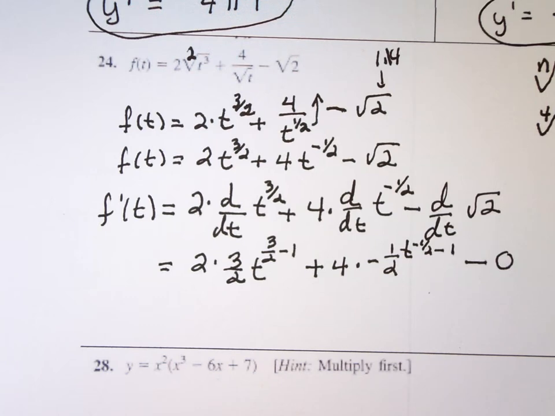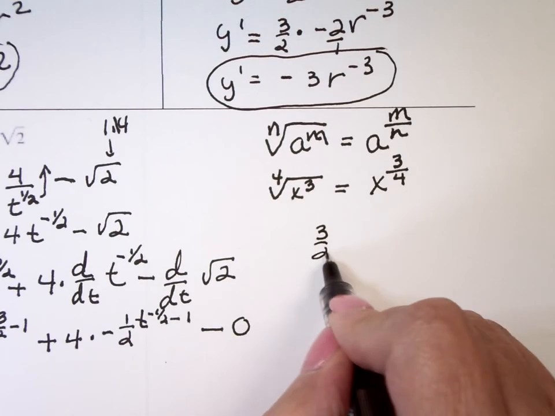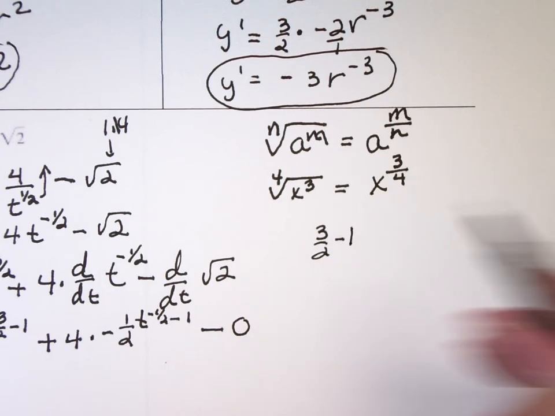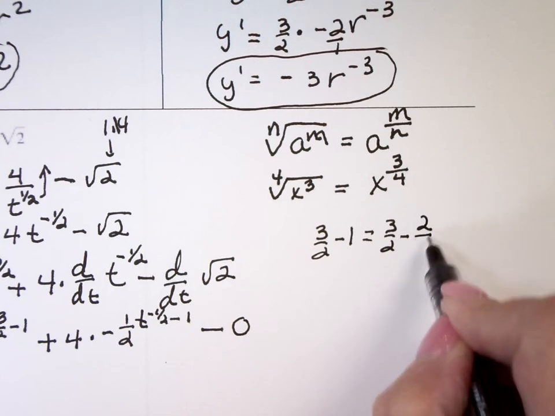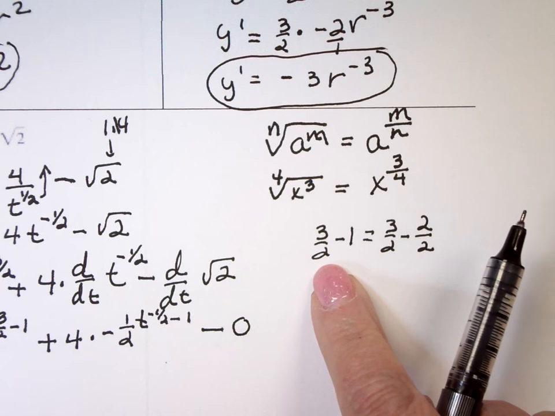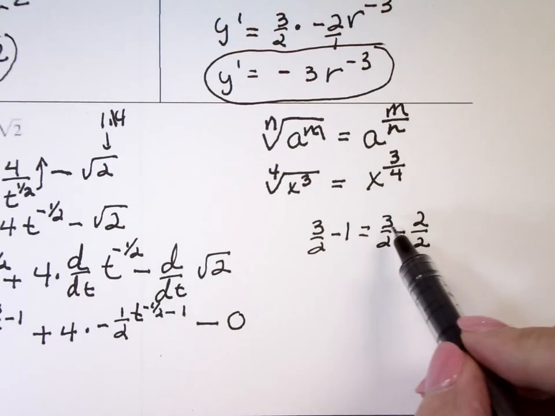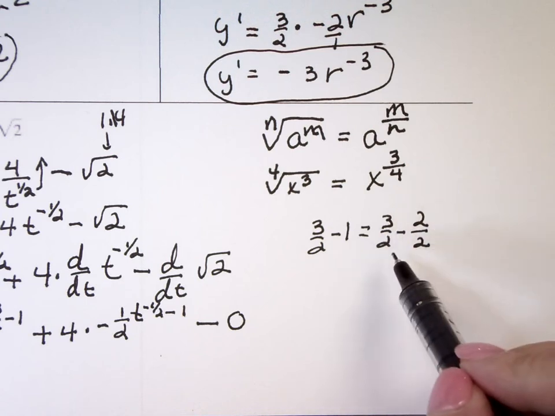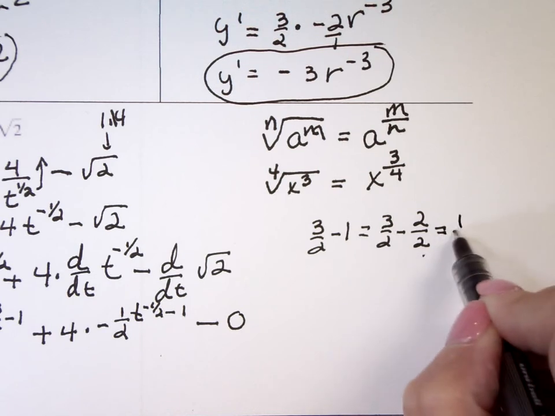Now, when I'm dealing with things like this, 3/2 minus 1, that's the same as 3/2 minus 2/2. I pick it up and make the 1 whatever that denominator is. If that were 3, I would make it 3/3, because 3/2 minus 2/2 is 1/2.